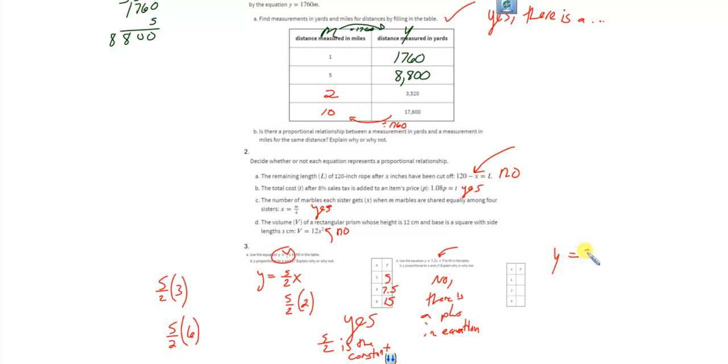Y equals 3.2 times x, which is 1, plus 5. That's going to be 3.2 plus 5, which is 8.2 for this one. And then the next one puts a 2 there, so we're going to double the 3.2 and add 5. That's going to get 6.4 plus 5, which is 11.4. And then the last one is times 4, so 12.8 plus 5.